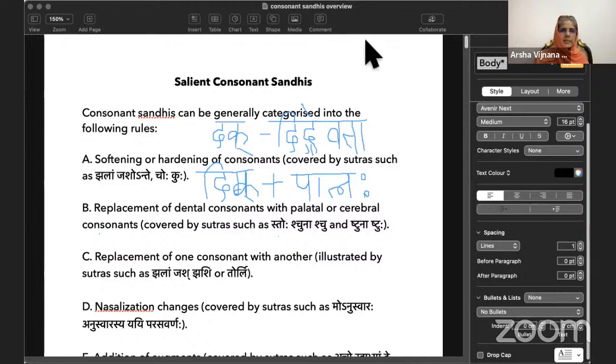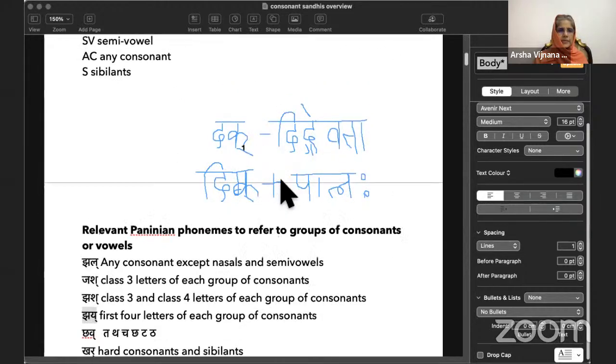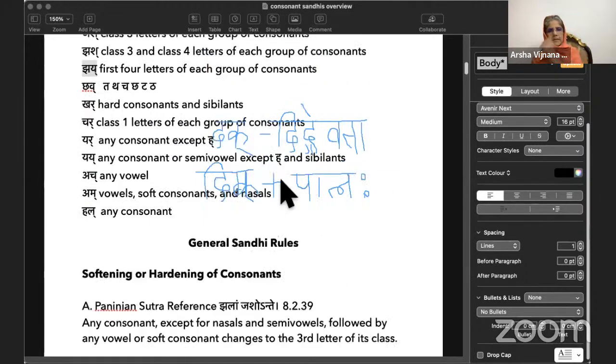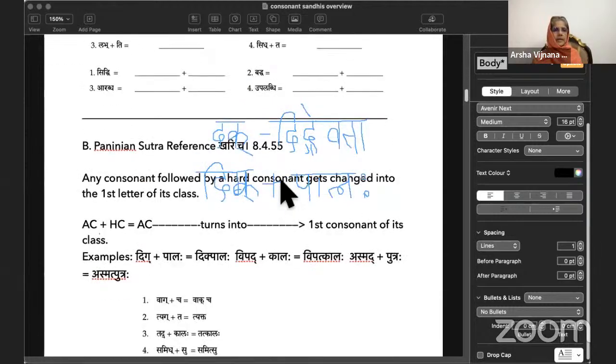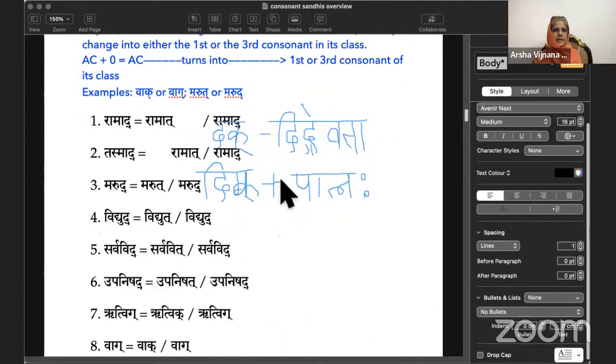I have made some notes. Let me scroll and see. Why won't it let me scroll? Harinder, do you know? No, Swamiji, I don't. I think I have to get rid of this, then it will let me scroll. Yeah, I have to get rid of the pencil. The pencil, correct.